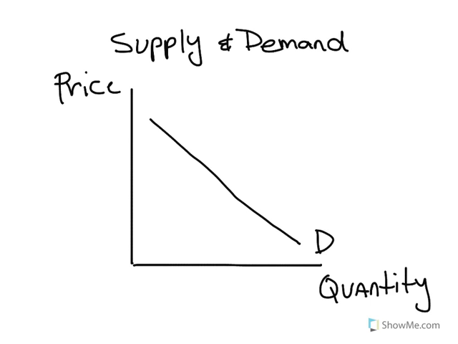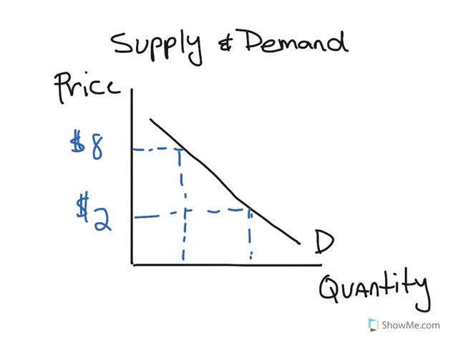The first question you might ask is, why is the demand curve downward sloping? And a quick illustration will help you see why this is the case. For any given price, let's draw a couple of intersections with the demand curve here. For any given price, $2 in one case, let's call this $8, there's a given quantity that will be demanded.